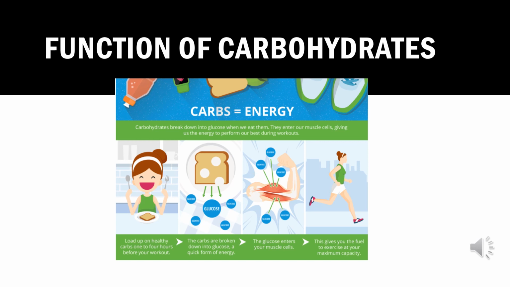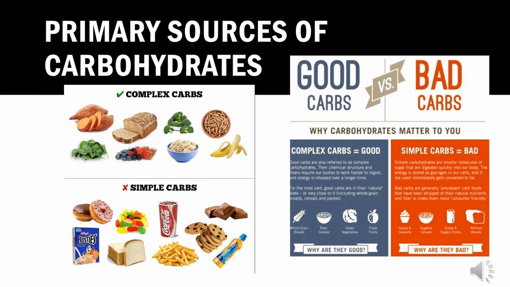I like this nice little diagram that I had found about what carbohydrates become, because it just helps me to remember what carbs do. So there are different kinds of carbohydrates.